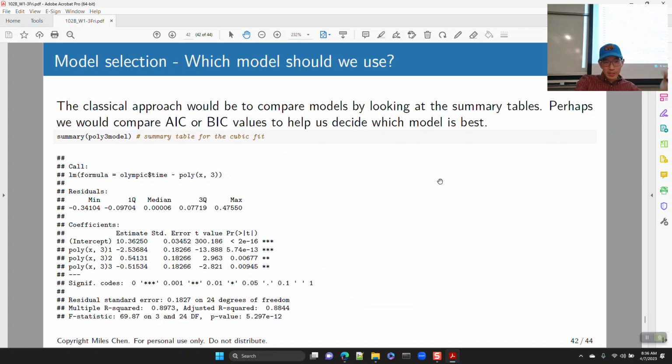And we've probably seen this, right? We call summary on the model with the three terms. When I kind of start off, I keep looking for stars, and if I see the stars, then okay, these terms are significant, so let's include them.